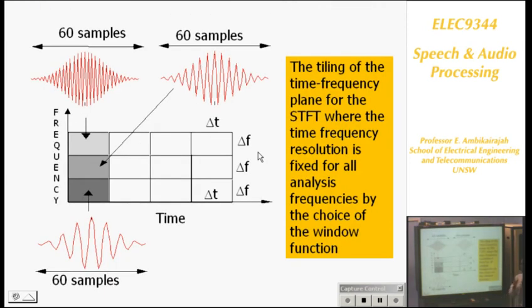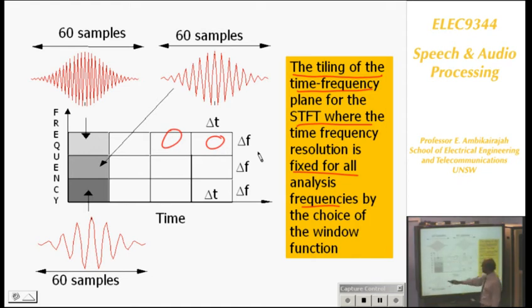So we now start to draw tiling patterns for short time Fourier transform. The tiling is called that because they all look like tiles. So tiling of the time frequency plane of a short time Fourier transform. You can see it's got a fixed frequency and fixed time resolution. So let's take, for example, this is my time.